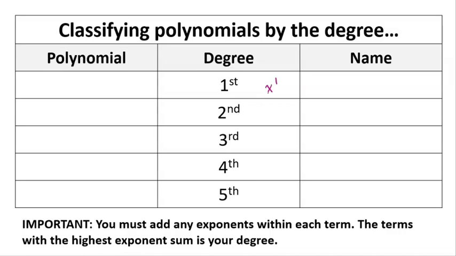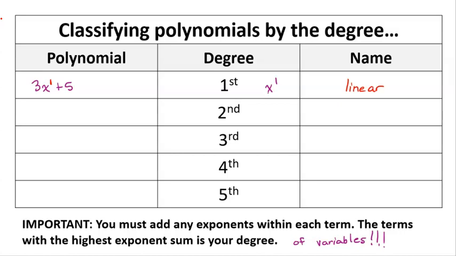And so the terms with the highest exponent sum is your degree. And we're talking about the exponents of variables. This is very important. Okay, so if I have something like 3x plus 5, the highest degree that I have is that first degree. And so if it's a first degree, that's called linear.